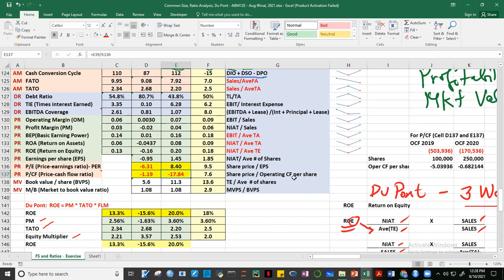Para makakuha ka ng operating cash flow na piso, you need to buy it at 17.84 compared to our benchmark company 7.6 lang. Okay, so this might make this company more attractive to investors. Kasi ang sinasabi nito, gusto mo ng 1 peso na operating cash flow, here you need to invest 7.6. Ito naman you need to invest 17.84.